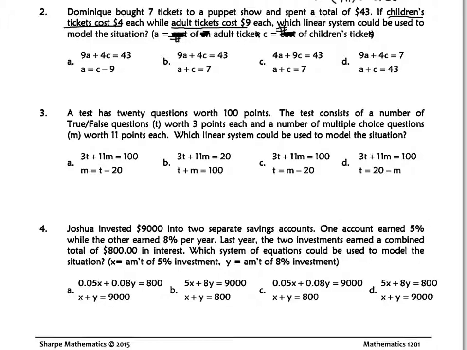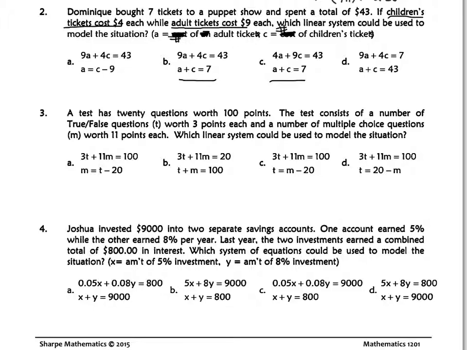So we've got a couple of systems here that have that equation in them. Then we need another equation that relates the number of tickets bought and the cost to the total cost. So we would have $4 for every child ticket, so 4C, and $9 for every adult ticket, so 9A. And if you add 4C and 9A together, you should get $43.